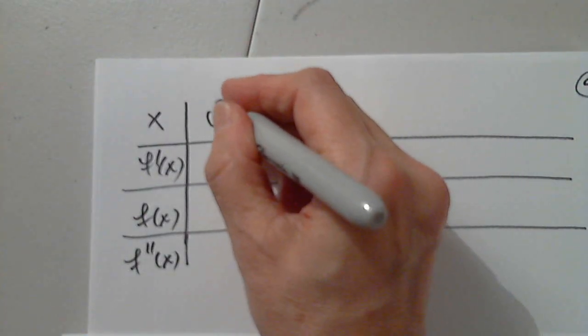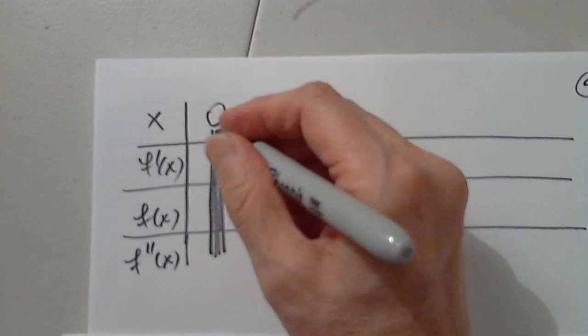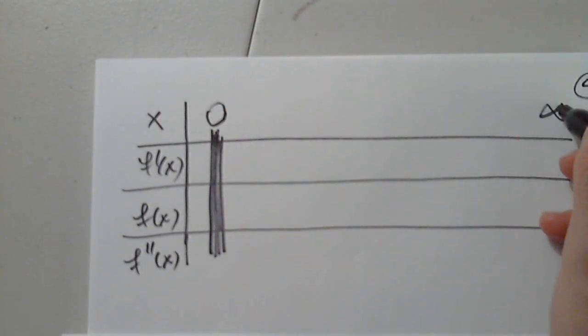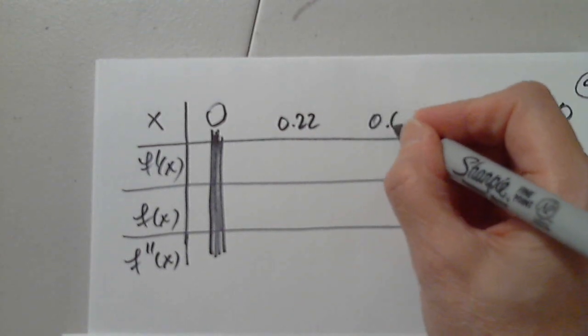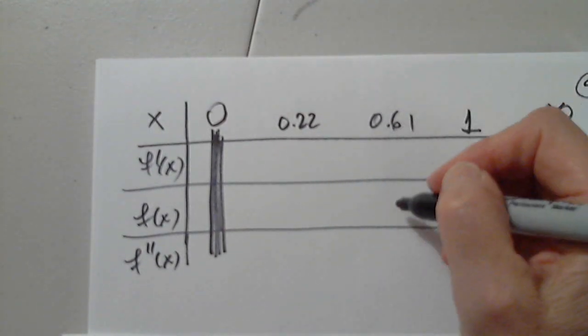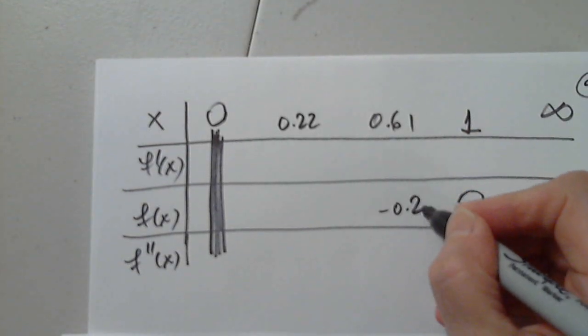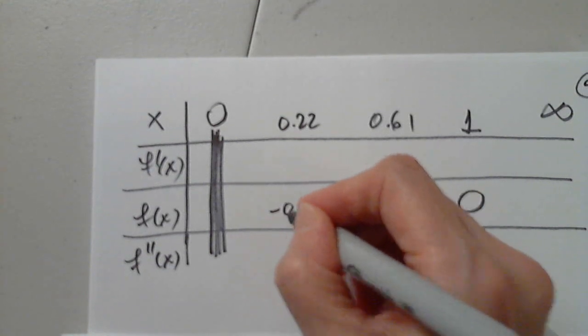So I have here 0, nothing, I cannot put anything under 0. I have infinity. I have 0.22, I have 0.61, I have 1. At 0.61, negative 0.2. At 0.22, negative 0.073.